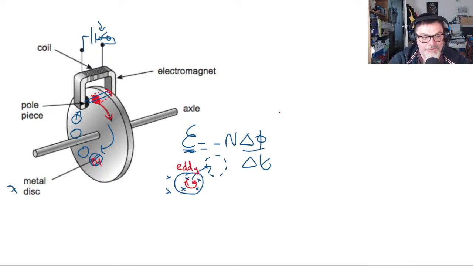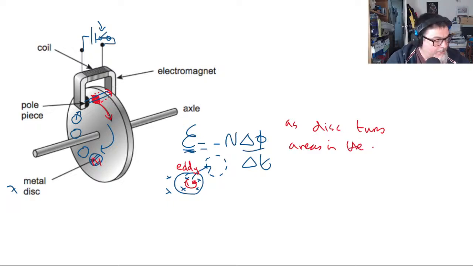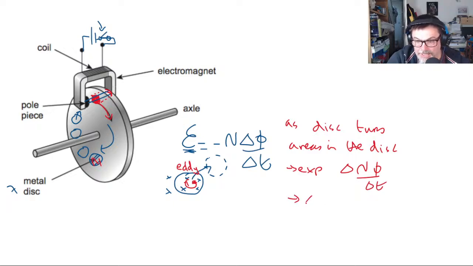So you might write something like: as the disc turns, areas in the disc are going to experience, our old friend, a rate of change of flux, which leads to EMF and current in the disc, and then the surprising bit, which oppose the rotation.